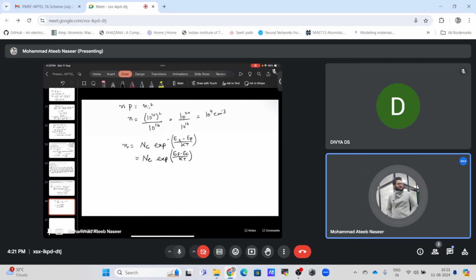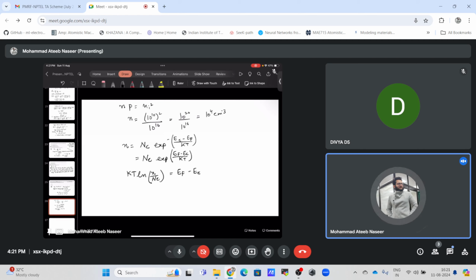Okay, if we take ln on both sides, it will simply be ln of (n by Nc) times kT is equal to Ef minus Ec. We have done all this because we wanted to locate the Fermi level with respect to the conduction band edge.